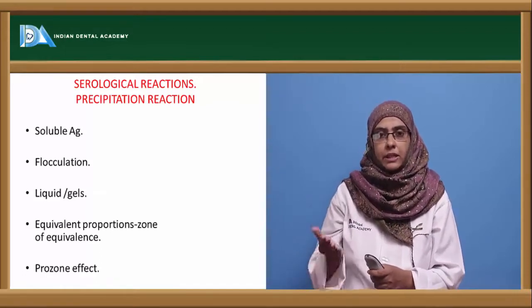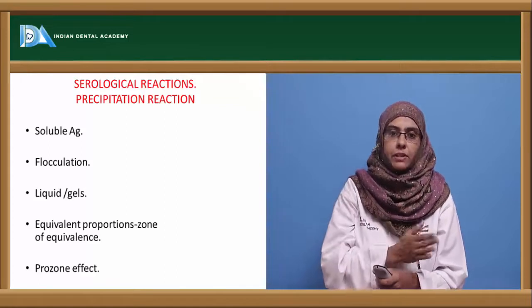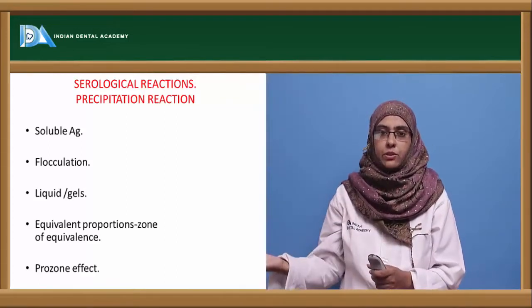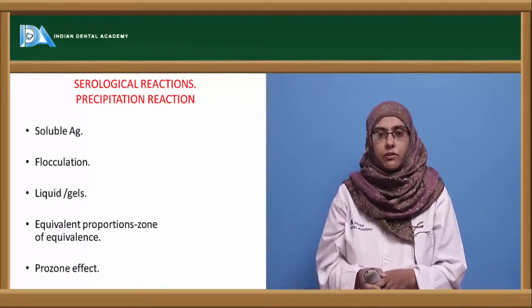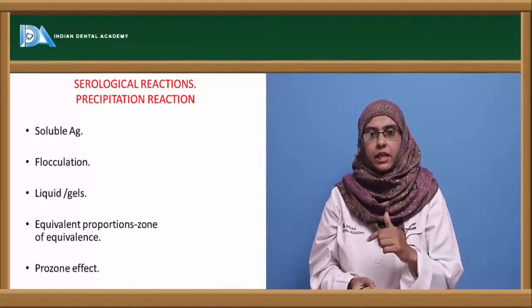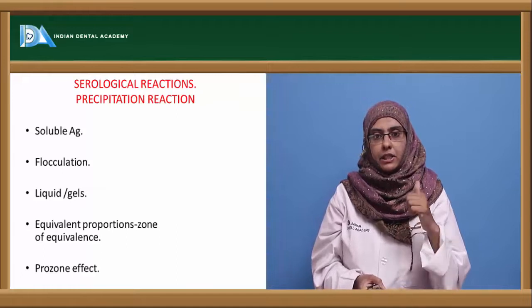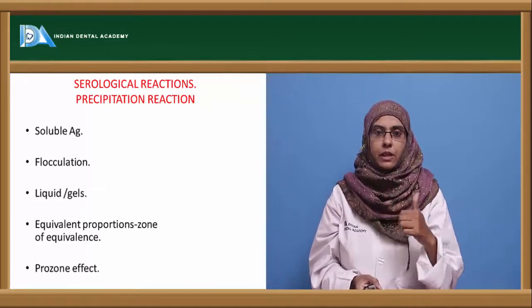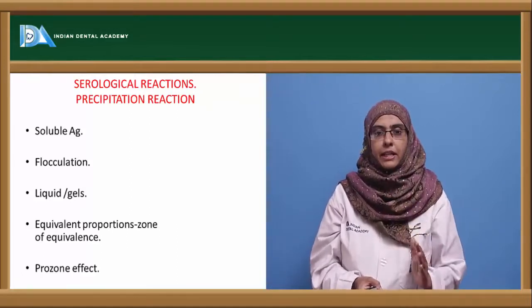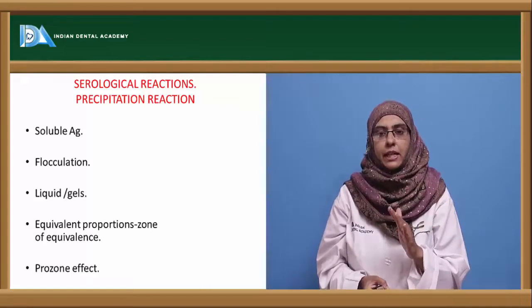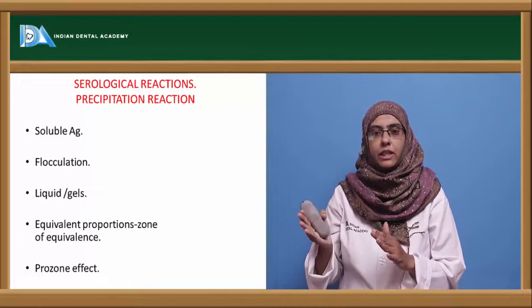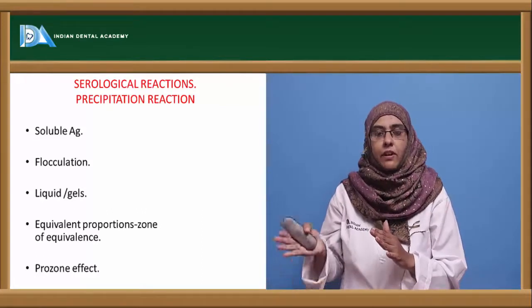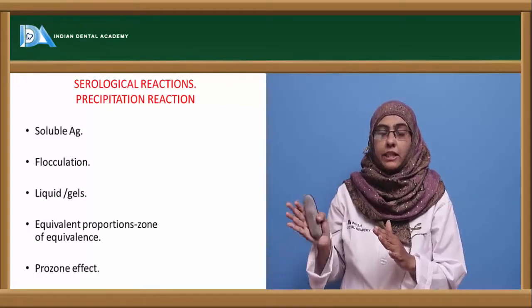It was absent in the previous test tubes and the test tubes after the middle, or equivalent, zone. When a graph was drawn, it showed that precipitation is seen only in the middle test tube, preceded by an inclination of the graph which shows antibody excess, and after the equivalent zone a declination of the graph where you can see antigen excess.